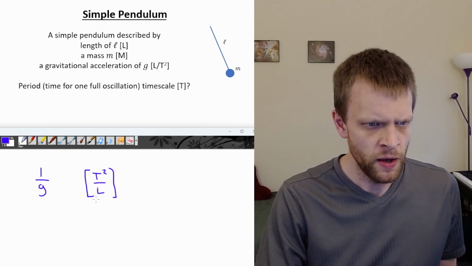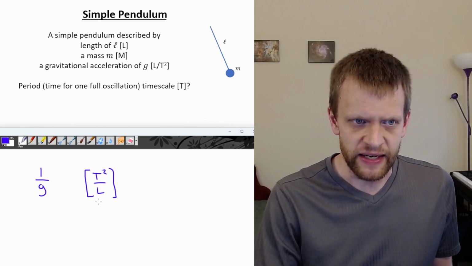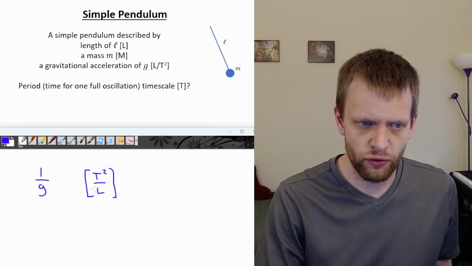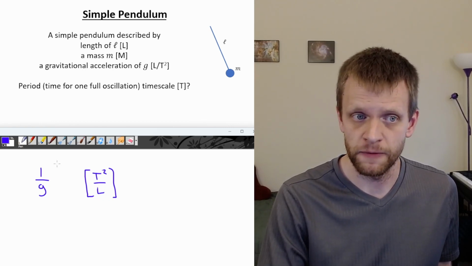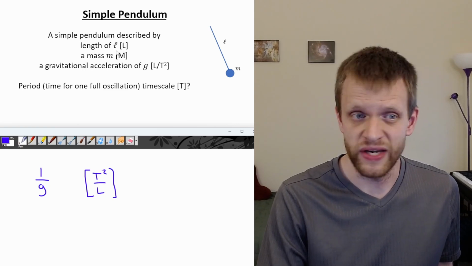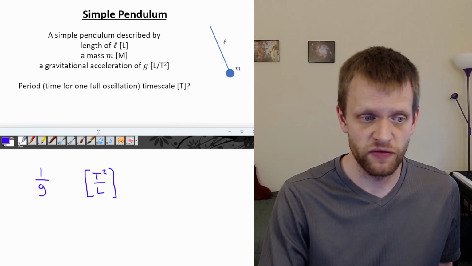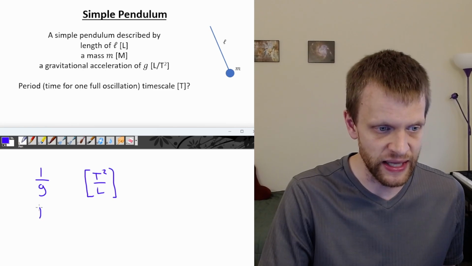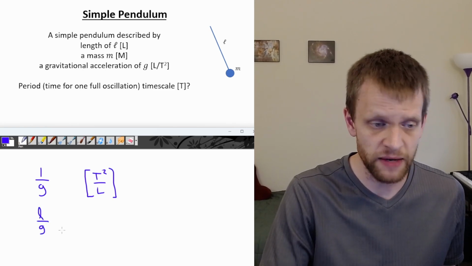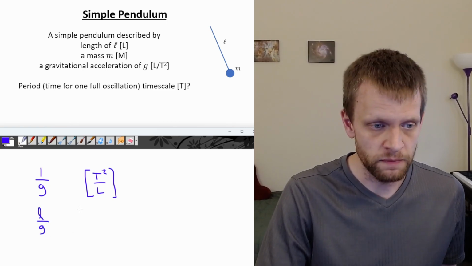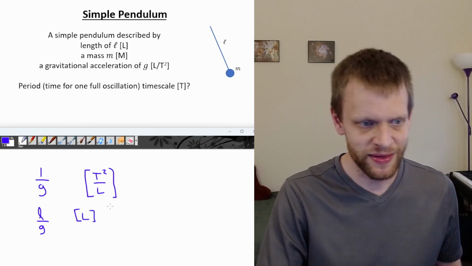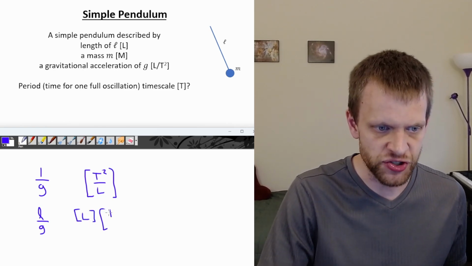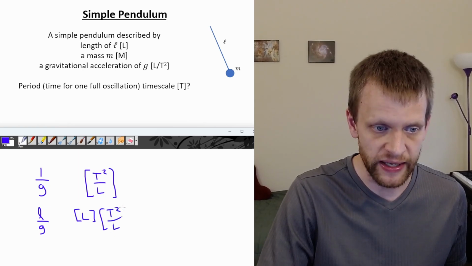It would be nice to get rid of that length. So if I want to get rid of length in this denominator, I need some other length in the numerator. Well, we can multiply this by the length of the pendulum. So if I do the length of the pendulum divided by g, those dimensions were just length, and our 1 over g was time squared over the length.